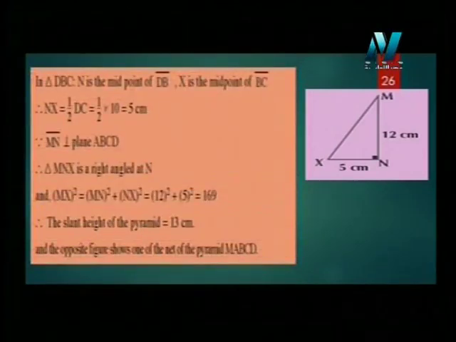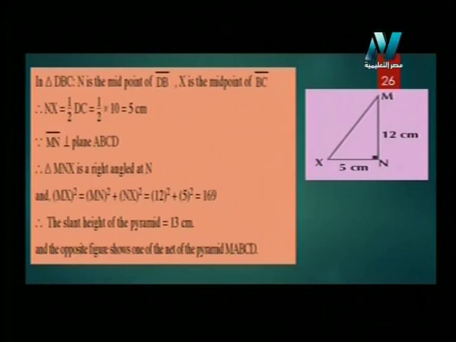We will find it from the Pythagoras theorem, of course. In triangle DBC, N is the midpoint of DB and X is the midpoint of BC. We have here NX equal to half DC, equal to half times 10, equal to 5 centimeters. MN is perpendicular to the plane ABCD, so the triangle MNX is a right angle triangle at N. From the Pythagoras theorem, XM power 2 equals MN power 2 plus NX power 2.